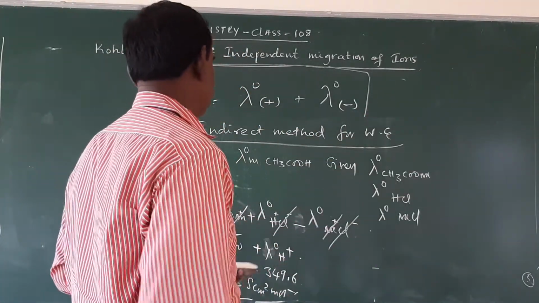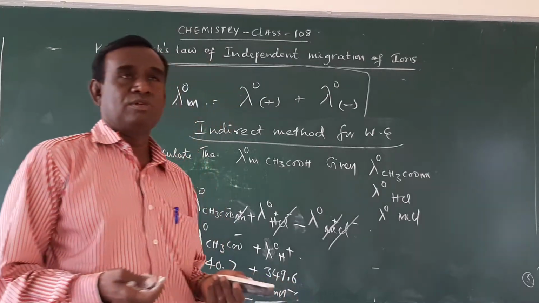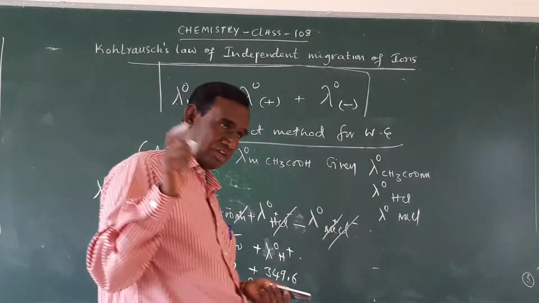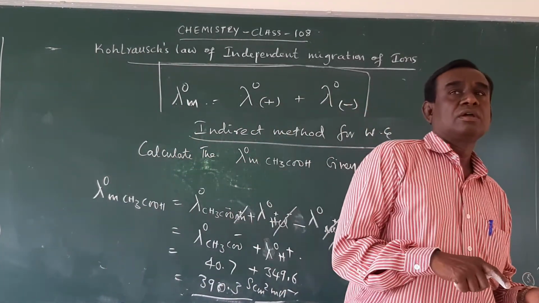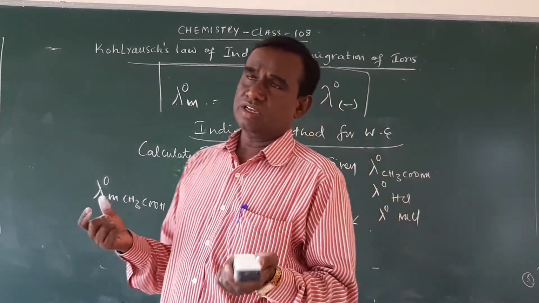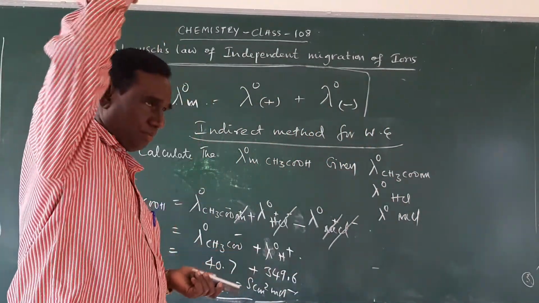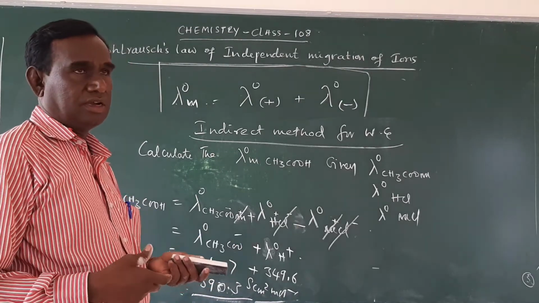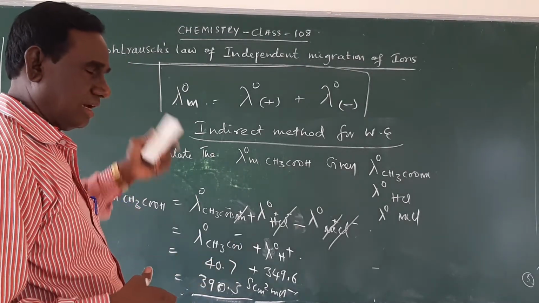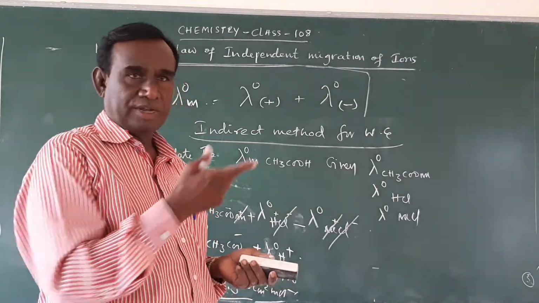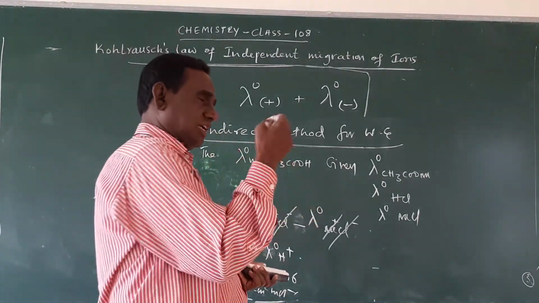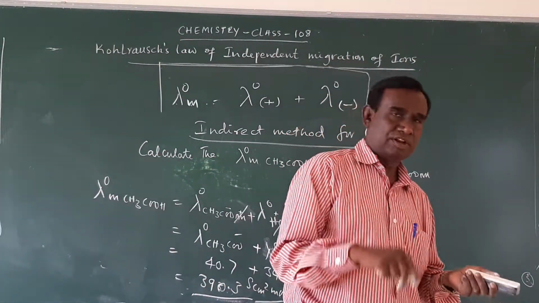This is the second application. The first application is that it is possible to calculate the lambda naught values for strong electrolytes directly, because if you draw a graph of lambda m against root c, you will get a straight line. When extrapolated to zero concentration, you will get lambda naught m.